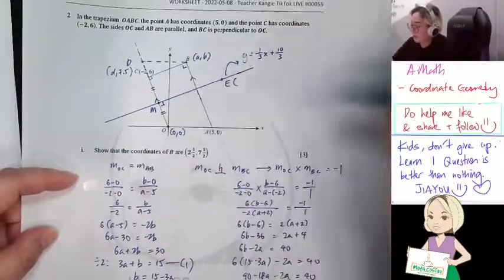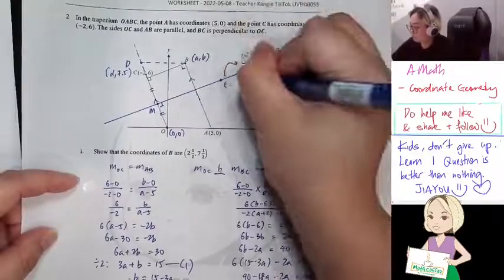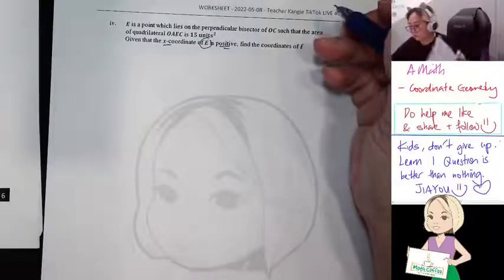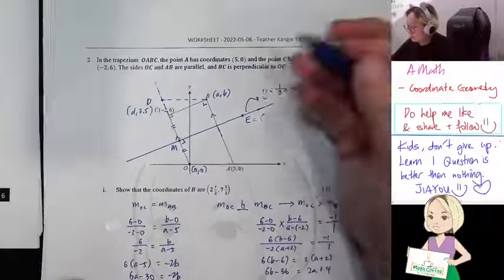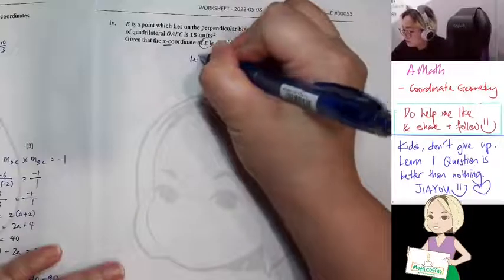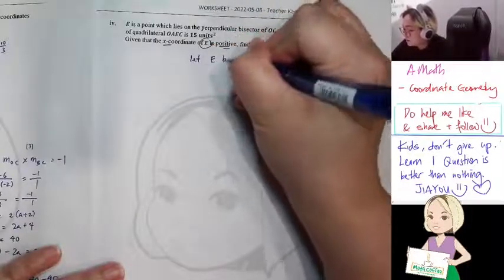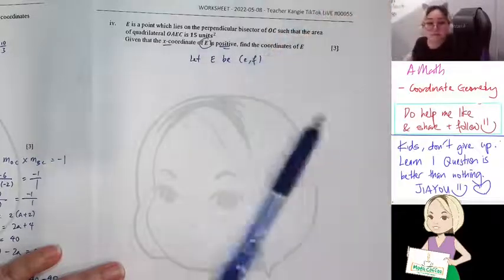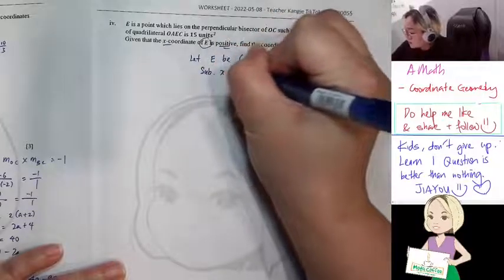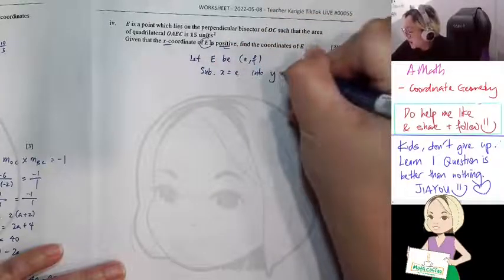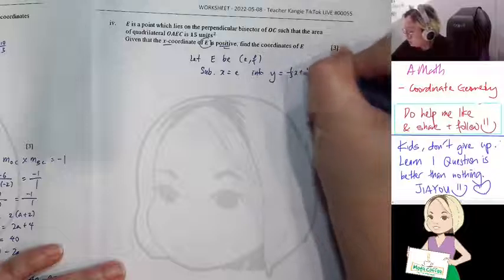So this E, I will let it equal to... I cannot use A, B, C, D because I used them already. Let E be EF, doesn't matter. So I'm going to sub x equals E into y equals 1/3 x plus 10 over 3.